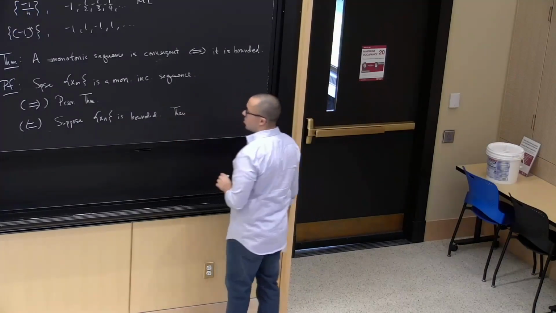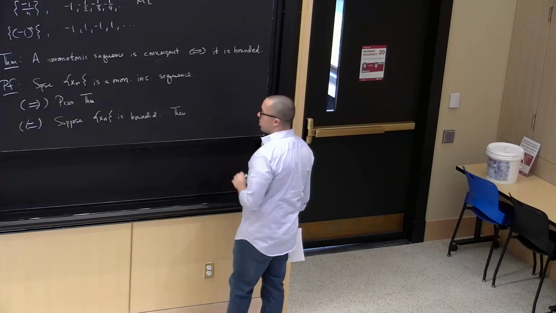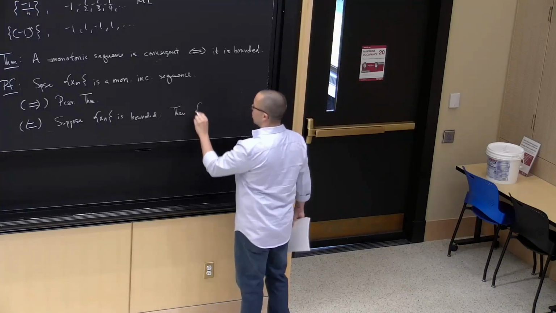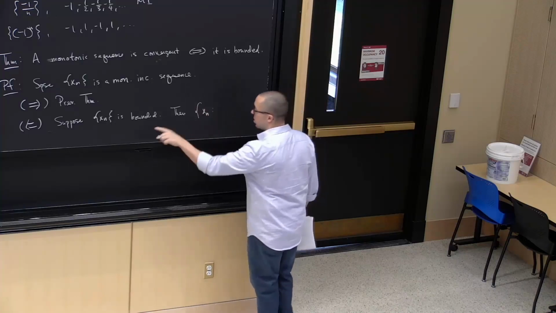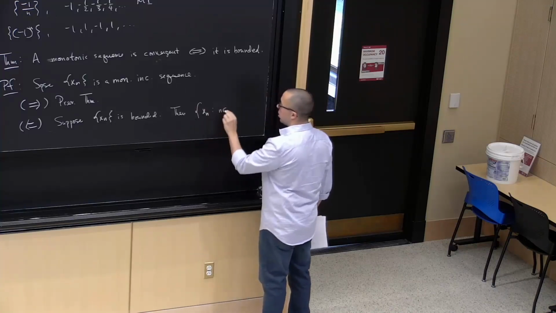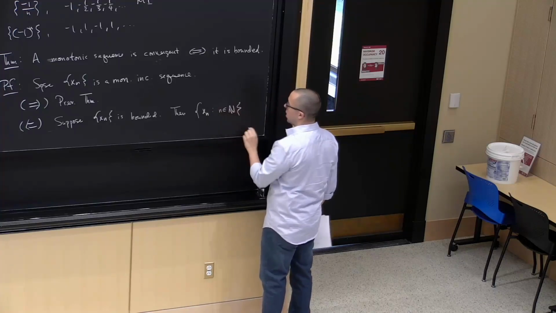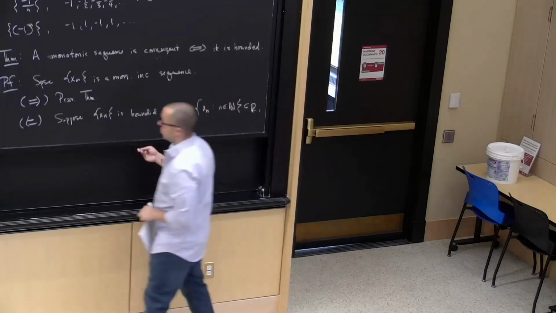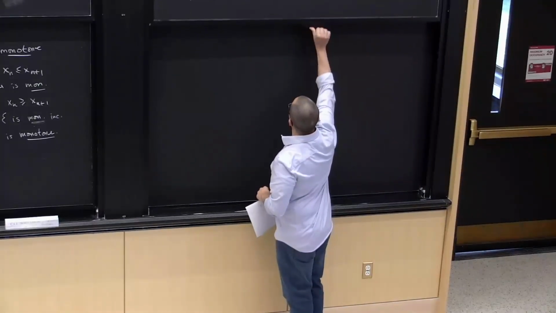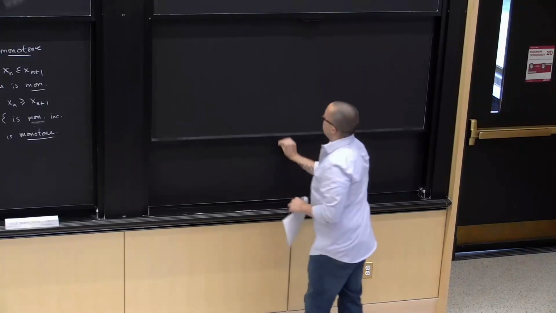Then if I look at the set of entries, so not the sequence, but the set of values that this sequence takes, x sub n with n a natural number, this is now a subset of the real numbers. This is a bounded set.